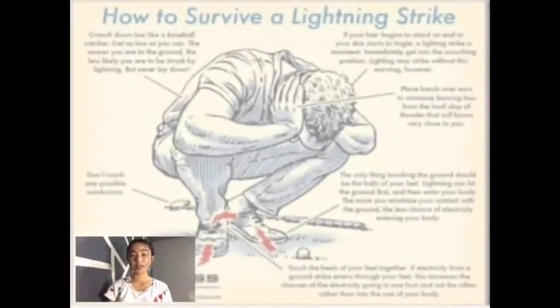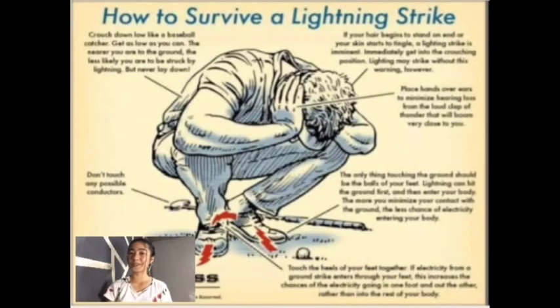How to survive a lightning strike? First, crouch down low like a baseball catcher. Get as low as you can. The nearer you are to the ground, the less likely you are to be struck by lightning, but never lay down. Second, don't touch any possible conductors. What are conductors and insulators?